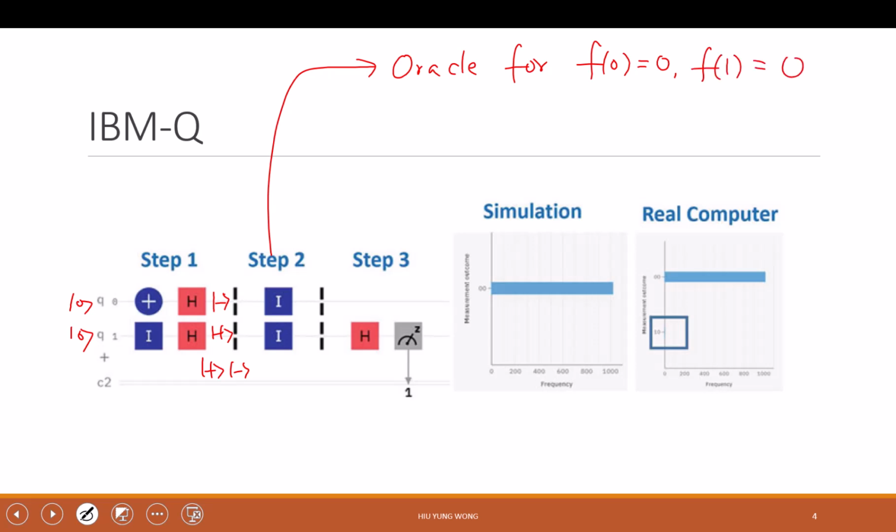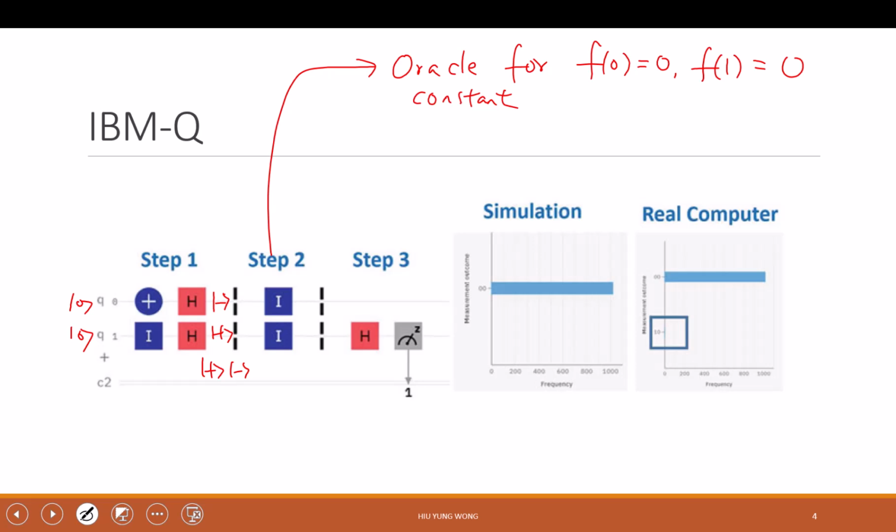So is this a constant function or a balanced function? No, this is what I'm saying. f of 0 equal to 0, f of 1 also equal to 0, because that is the output, remember? This is the input, this is the output, input, output. So as you said, this is a constant function, right?